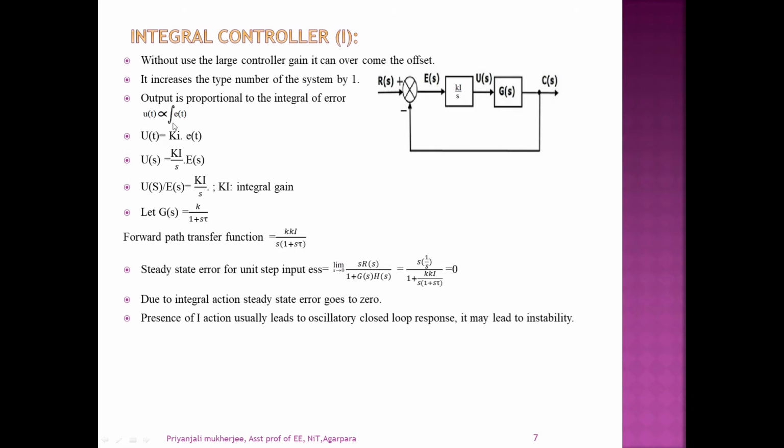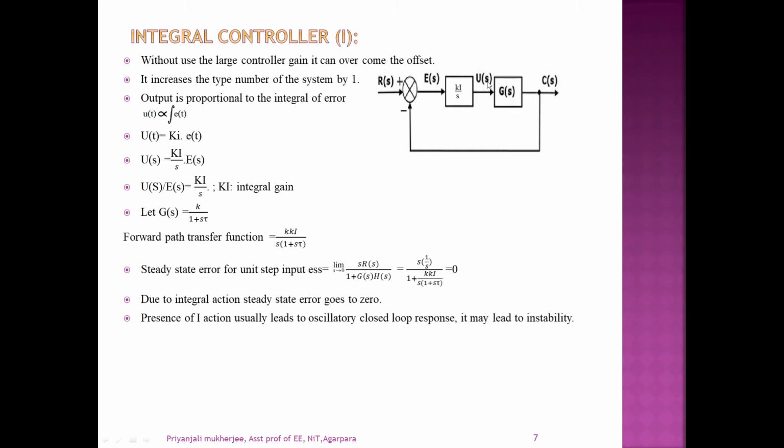So u(t) is proportional to the integration of e(t), or u(t) equals Ki times the integral of e(t), where Ki is the integral gain. In the Laplace domain, U(s) equals Ki by s into E(s), so U(s) by E(s), the transfer function of this controller, equals Ki divided by s. So if we use an integral controller with a system, due to the presence of the pole at the origin, the type number of the system is increased.